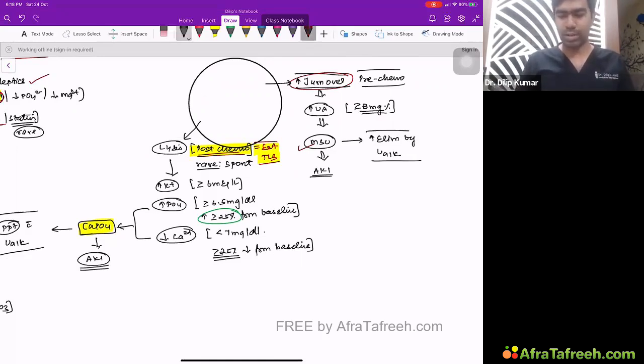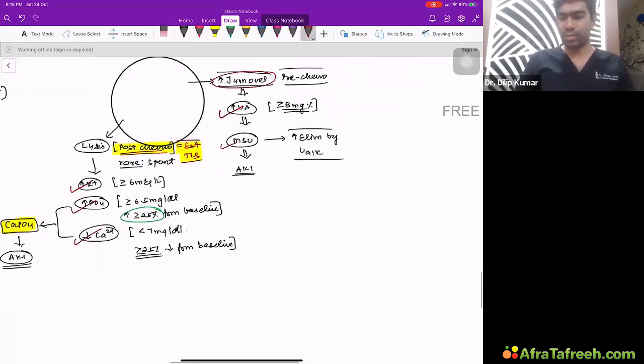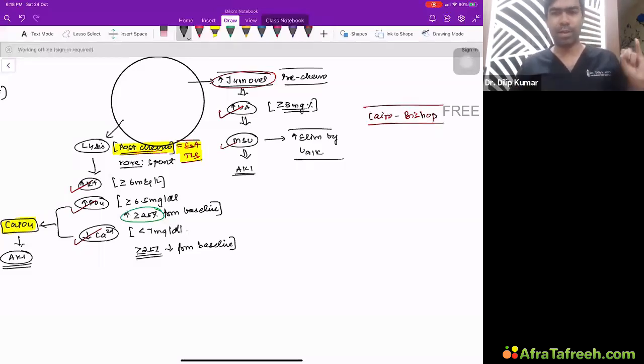There are 4 things that happen in tumor lysis: hyperuricemia, hyperkalemia, hyperphosphatemia, hypocalcemia. Together, these cutoffs form a classification that we refer to as the Cairo-Bishop criteria for diagnosing tumor lysis syndrome. So hyperuricemia more than 8, hyperkalemia more than 6, hypocalcemia less than 7, and hyperphosphatemia more than 6.5.